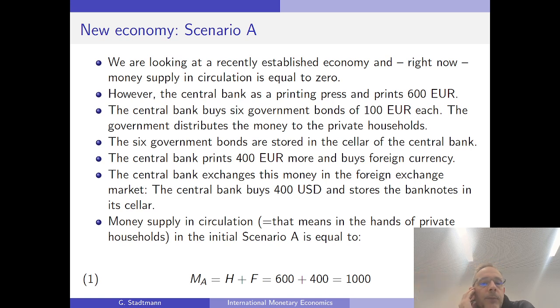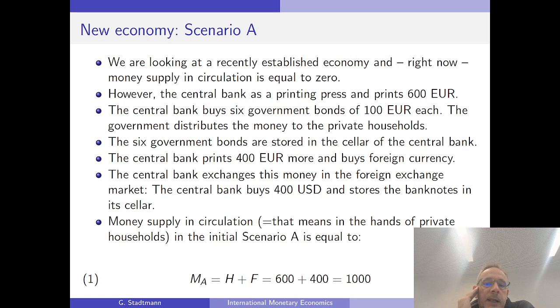Afterwards, the central bank prints another 400 euros with the printing press and now buys foreign currency. The central bank exchanges 400 euros in the foreign exchange market, buys 400 US dollars and stores the banknotes in the cellar.